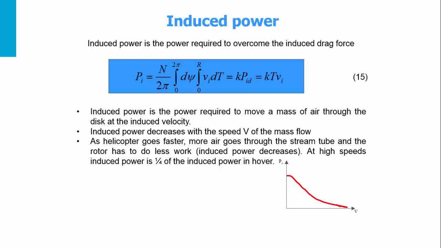This power is the power required to move a mass of flow through the rotor disc at an induced velocity. We can see that as the helicopter goes faster, actually the rotor needs to do less work as the induced power is decreasing. At high speeds, this induced power is just a quarter of the induced power in hover.